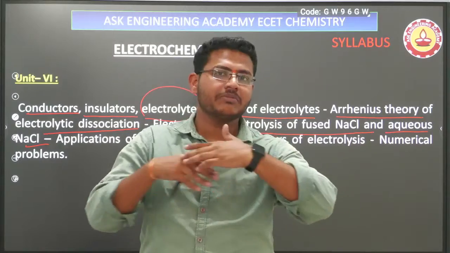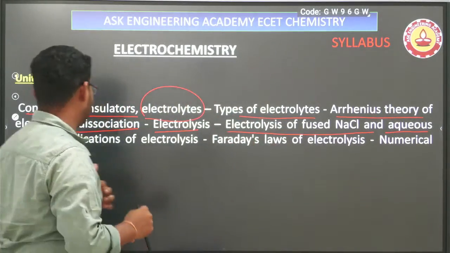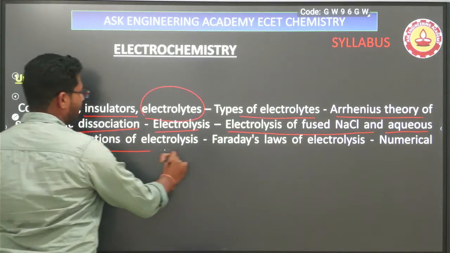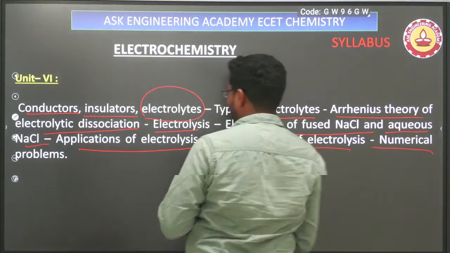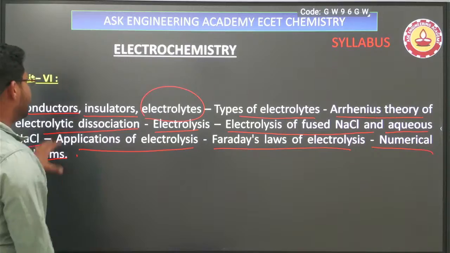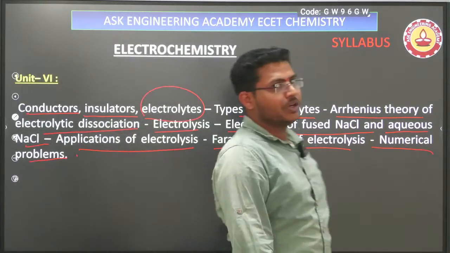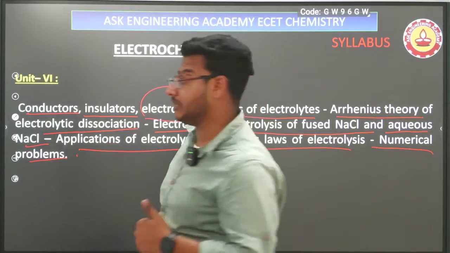I will explain the difference between fused NaCl and aqueous NaCl in an upcoming class. Then applications of electrolysis, Faraday's laws of electrolysis, and numerical problems. This is all about the topics and contents of today's class on electrochemistry.